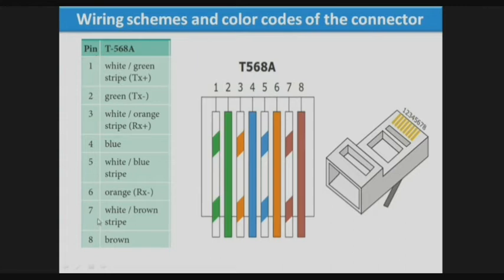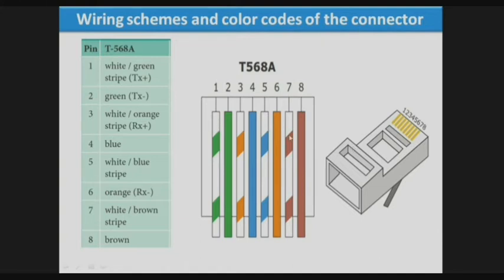So the 8 wires use different colors. The first wire is white green stripe, the second wire is green, the third wire is white orange stripe, the fourth one is blue, the fifth one is white blue stripe, the sixth one is orange, the seventh one is white brown stripe, and the eighth one is a brown wire.